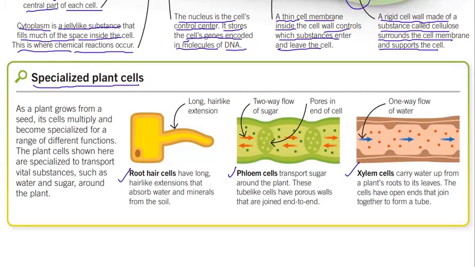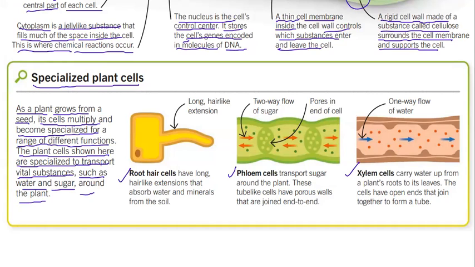We'll see in this. As a plant grows from seed, its cells multiply and become specialized for a range of different functions. And the plant cells shown here are specialized to transport vital substances such as water and sugar around the plant. Okay.